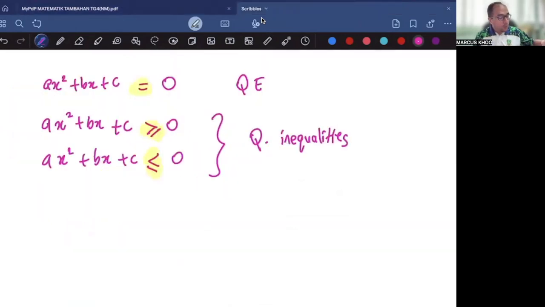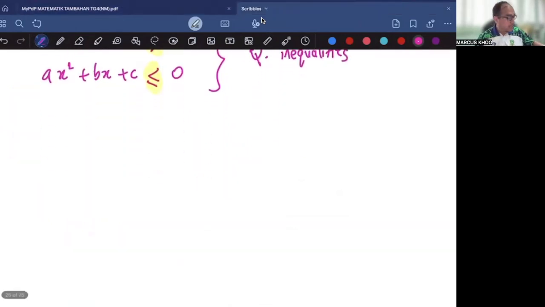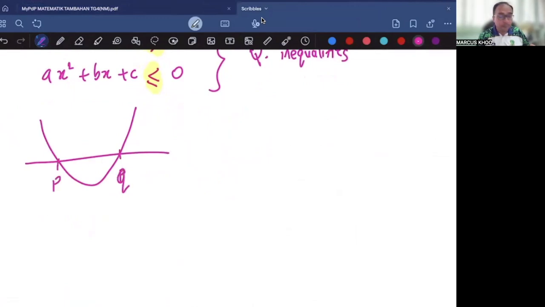Let's summarize this. Once you draw your graph, I'm going to call this number q, and this number p.